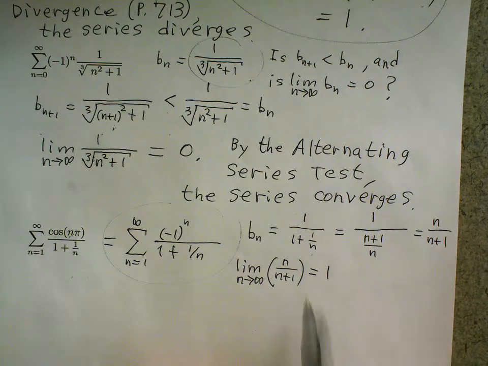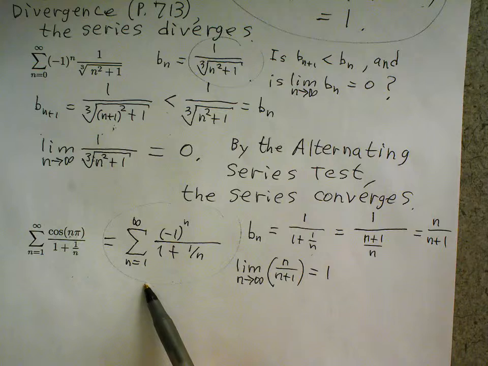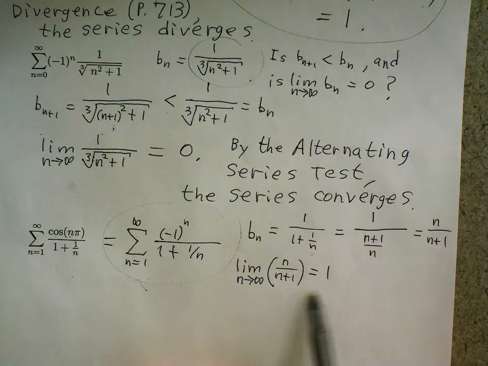So the alternating series test does not apply to this alternating series. In other words, we can't conclude that it diverges or converges because the alternating series test conditions are not satisfied.